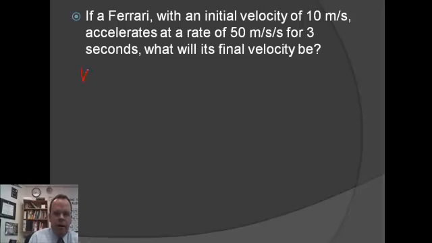So here are the given values: initial velocity, 10 meters per second, acceleration, 50 meters per second squared, time, 3 seconds, and we're looking for the final velocity. Our formula: acceleration equals v final minus v initial over t, or rearranged, v final equals v initial plus at.